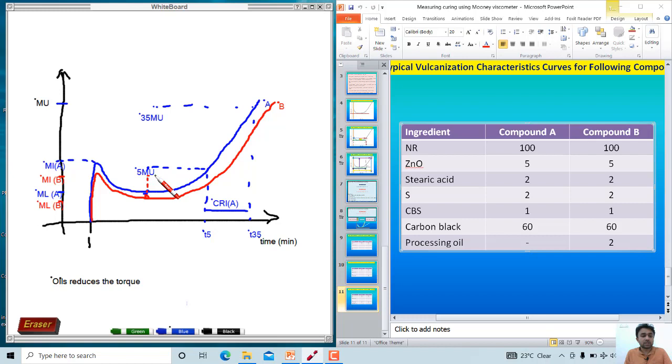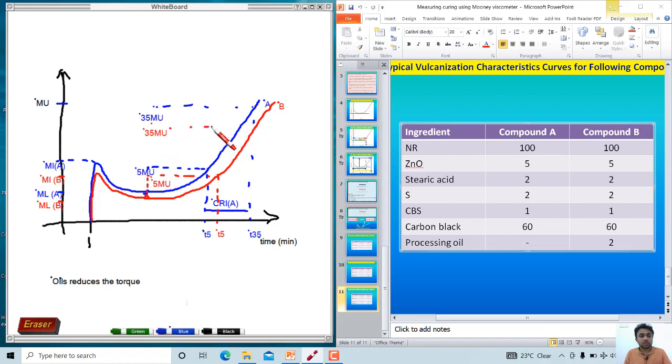Then we'll do the same thing for B. Maybe 5 Mooney units, maybe here, T5, and 35 Mooney units.